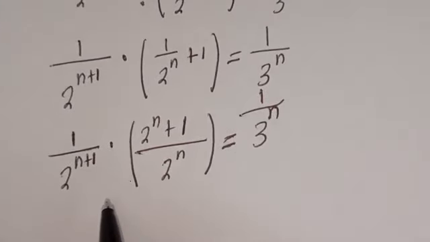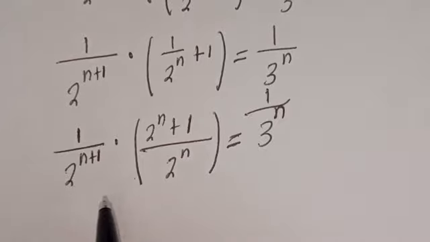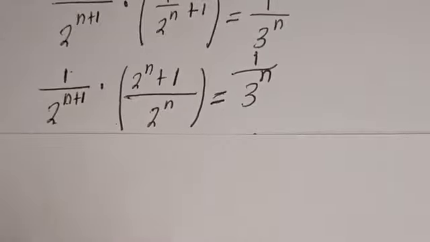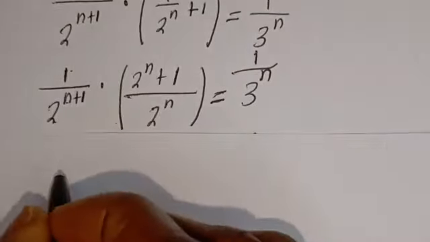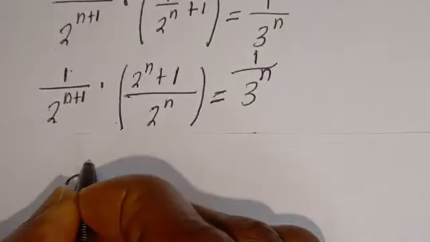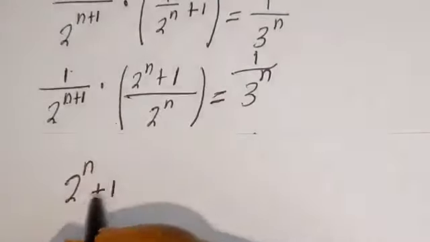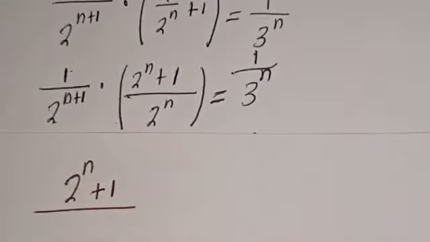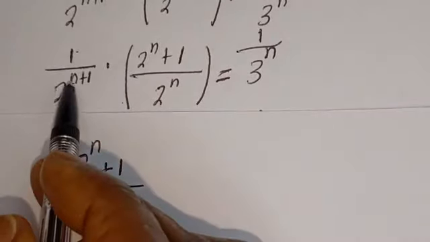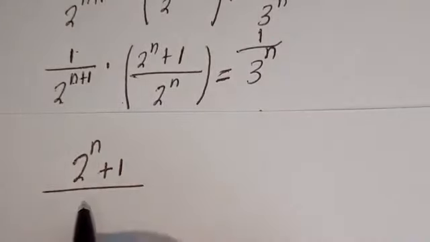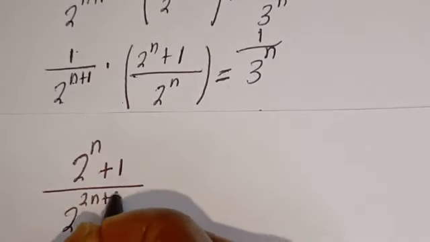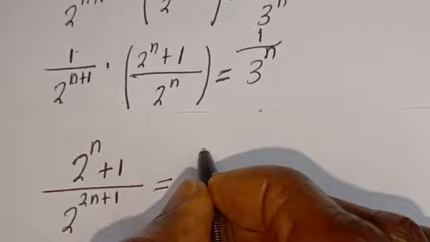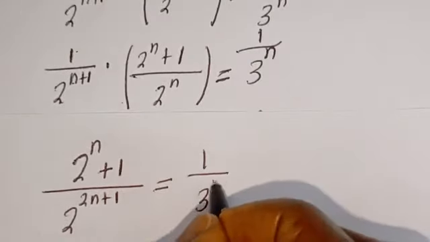Now from here, 1 multiplied by 2 to the power of n plus 1 gives 2 to the power of n plus 1, divided by 2 to the power of n times 2 to the power of n. This can be written as 2 to the power of 2n, is equal to 1 divided by 3 to the power of n.